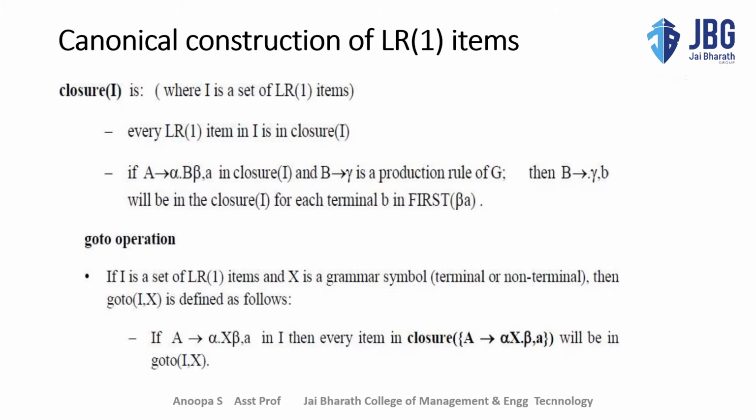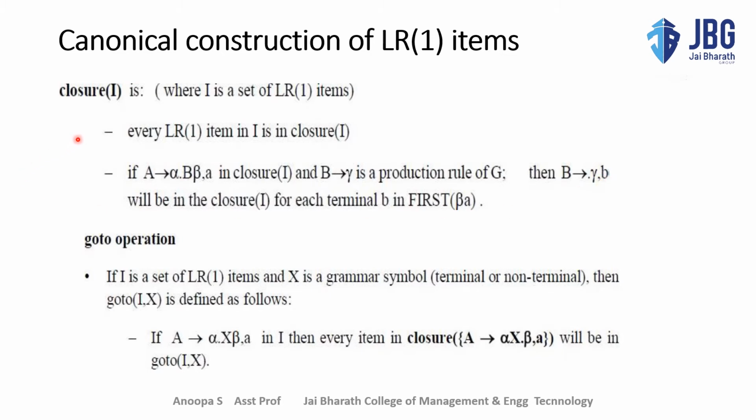Now, how can we construct these LR(1) items? The construction of LR(1) items is a little different from that of LR(0) items. First we have to find the closure. Because we have an additional item here, the lookahead, how do we compute that?